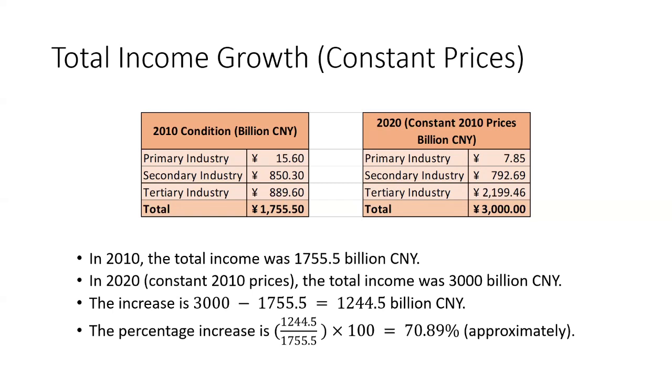So the tables show that the regional income measured in constant 2010 prices increases from 1,755.5 billion Chinese yuan to 3,000 billion Chinese yuan, or 70.89% in 10 years. However, this increase doesn't fully capture the overall increase in regional welfare.